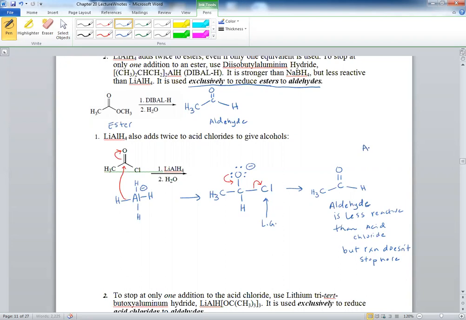So lithium aluminum hydride will react again.